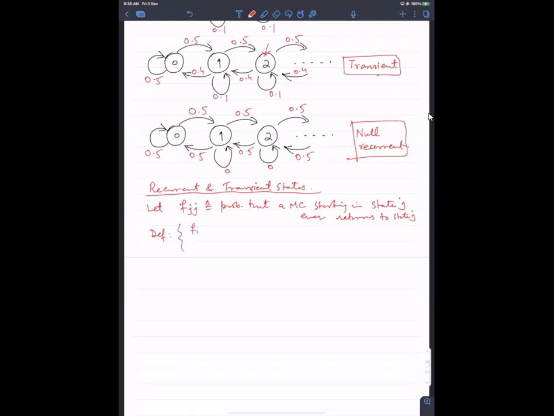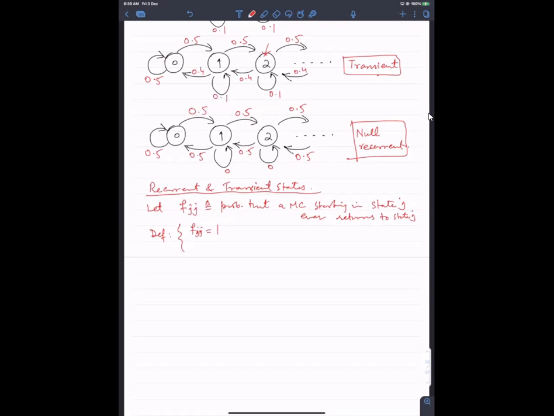If Fjj is equal to 1, if there is a 100% chance that you will come back to where you are, that means जब आप वापस आ गए तो एक दफा वापस आ गए तो फिर there is a 100% chance you will come back again. फिर दोबारा वापस आ गए तो still there is a 100% chance you will come back yet again.